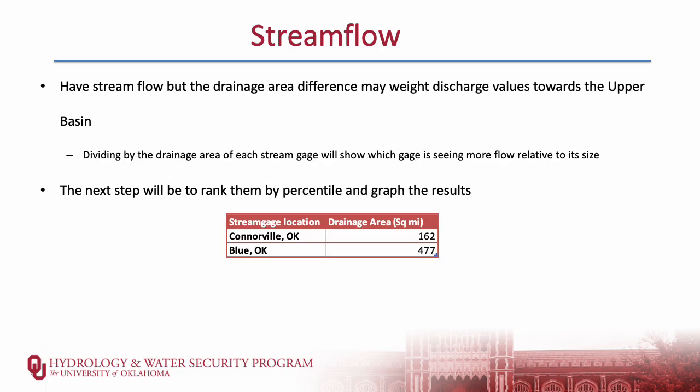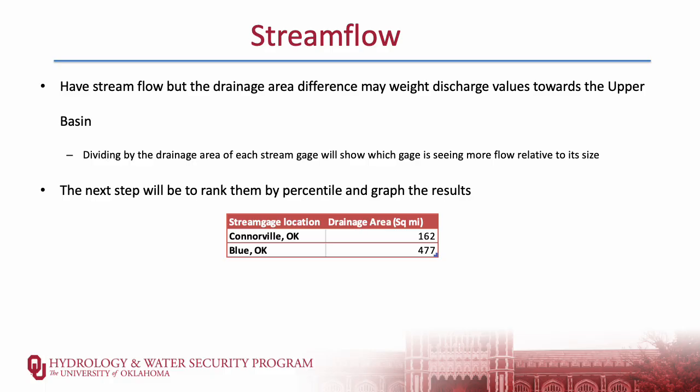So you may have noticed already in this presentation, but this stream has two different points where there are USGS gauges, and those two different points have very different drainage areas. And this could impact how much flow it gets, and it could weight the discharge values towards the upper basin for this study.